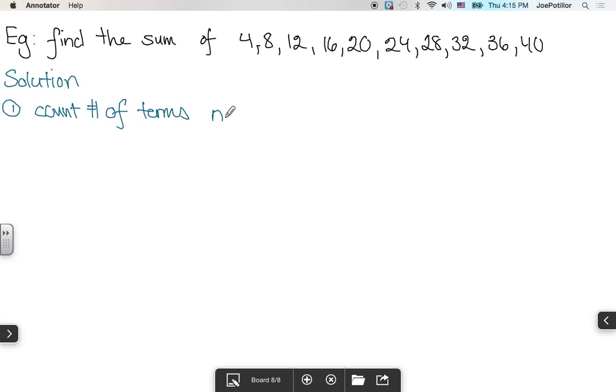So n equals 10. The next thing I need to know is the first term and the last term, which is 4 and 40.